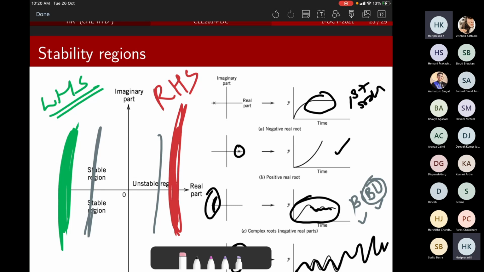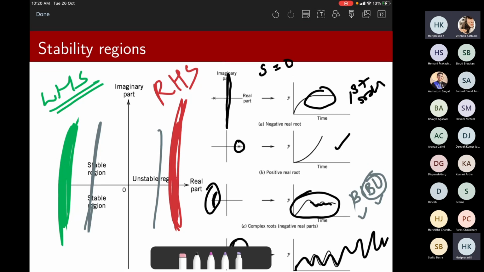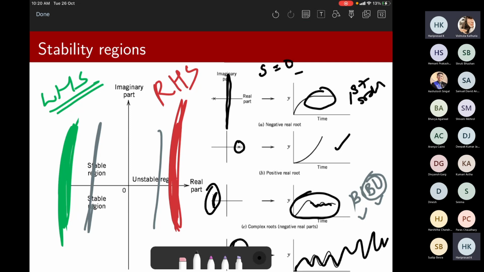So let's say s is equal to 0, which corresponds to something equal to 0. And if this number is, let's say, 0.000000001, it is technically non-zero, but whenever you do numerical calculation, it would tend to make it 0.